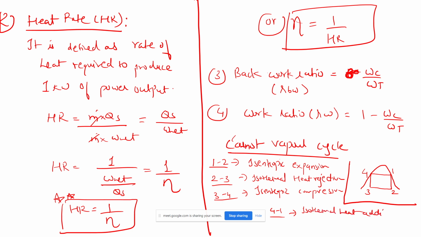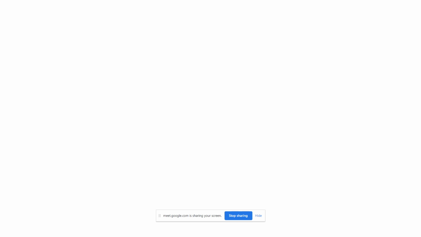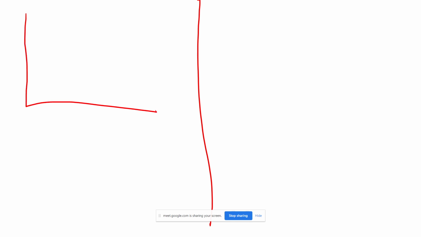I'm just glancing over it because you have already been taught this. It will represent all the processes in the plot also, so that it becomes easier for you. Wait, I'll show you. 1, 2, 3, 4. Actually these are straight lines.